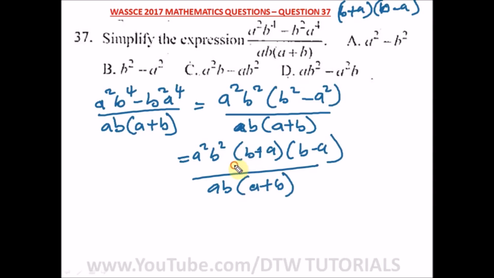From here this can cancel out this, it's still the same thing. We can bring b plus a, and you can see it's the same thing as a plus b. The a can cancel out a here, we are left with a. The b here cancels out another b, and we're left with b. So our final answer is ab bracket b minus a.